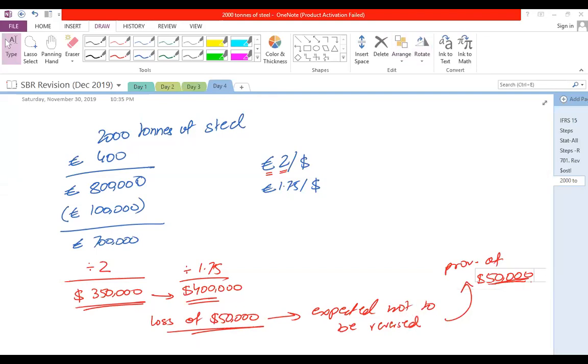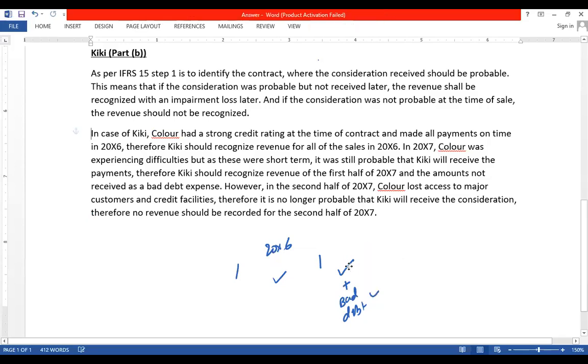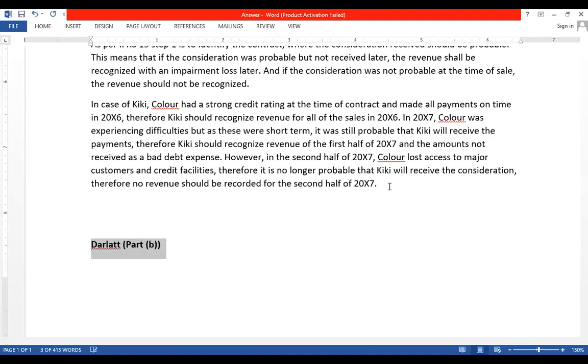So now if we go back to the Word file, now we are writing the answer for the question Darlet. And this is Darlet part B, which we are answering.